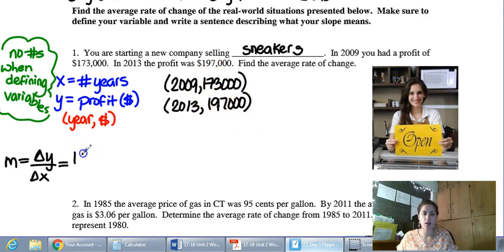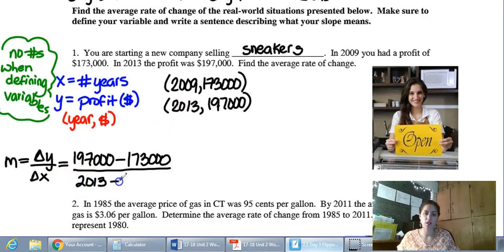So that's going to be 197,000 minus 173,000, all divided by, subtracting my x values, 2013 minus 2009. I take out my calculator and I do 197,000 minus 173,000, and we get 24,000.